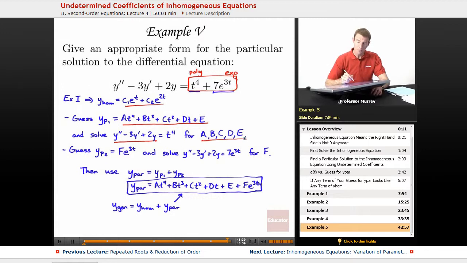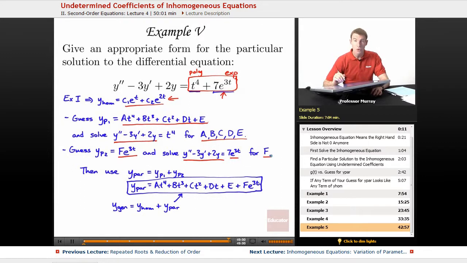And then you would find the exponential part by guessing a generic exponential term. It doesn't match anything in the homogeneous solution, so we don't have to bump it up by t like we did in the previous example. You just find its first and second derivatives, plug it in, and solve for f.